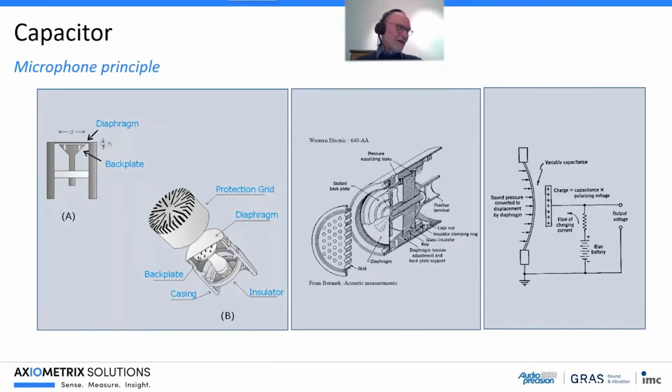Normally we call this the polarization voltage, and the polarization voltage will make a constant charge of the capacitor via this resistor we can see here, together with our polarization voltage, the battery, and then we will have an output voltage.